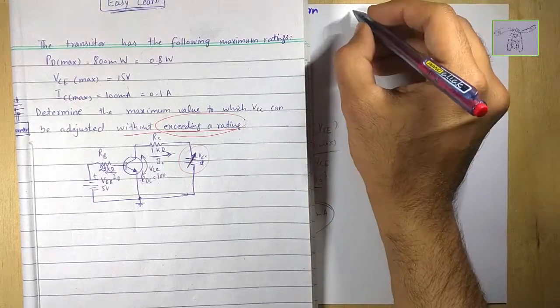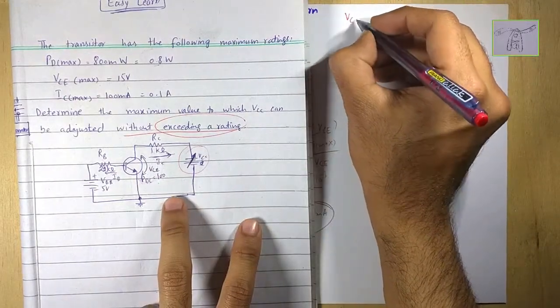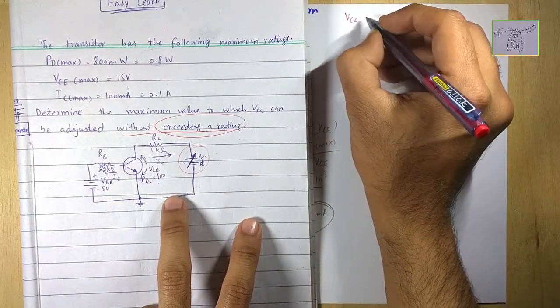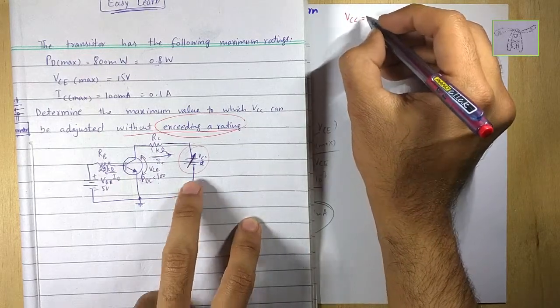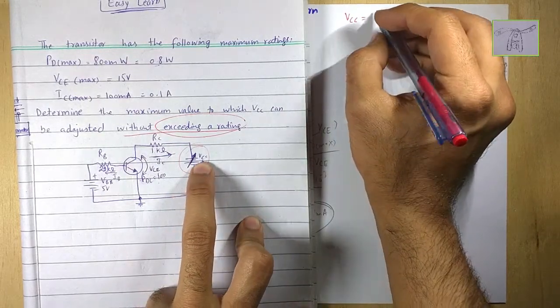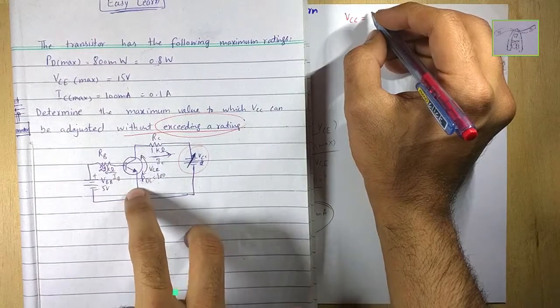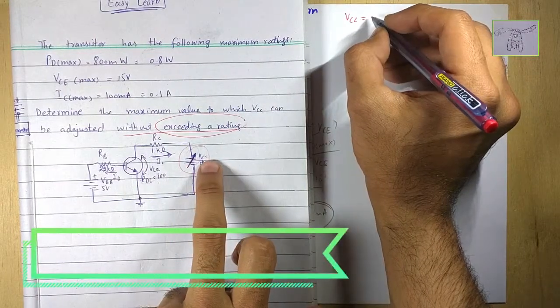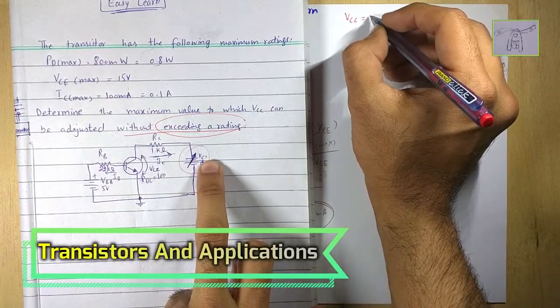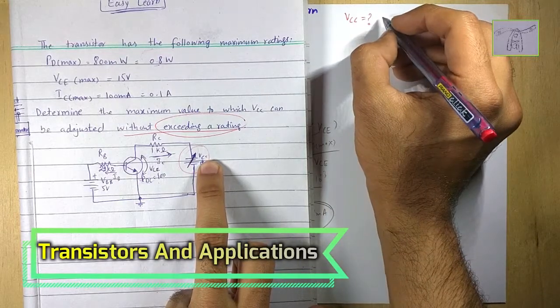So let's start. What we need here is the voltage at collector, VCC, that is the biasing source for the collector emitter junction. And remember that this is the maximum required, VCC maximum.